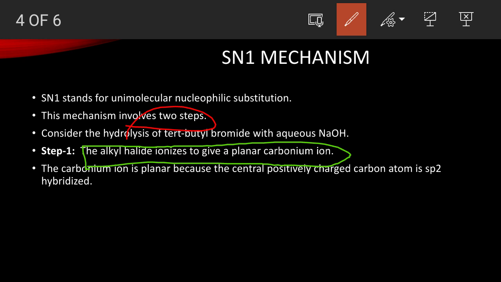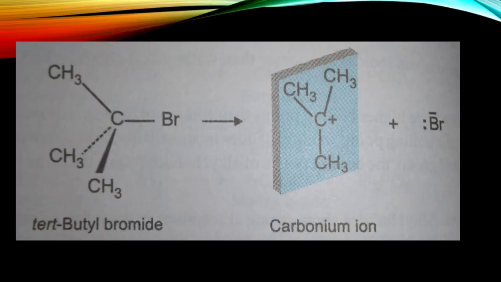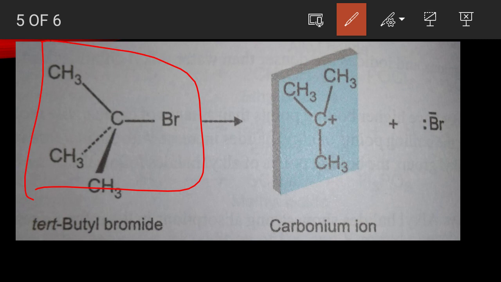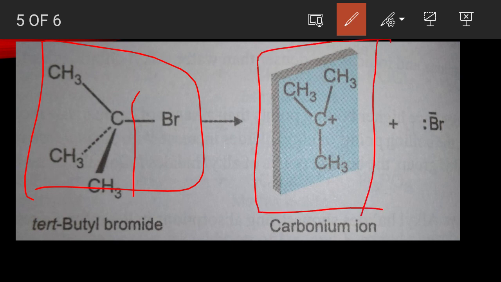In the first step, tertiary butyl bromide undergoes heterolytic bond fission and forms a planar carbonium ion, and it leaves a halogen ion.